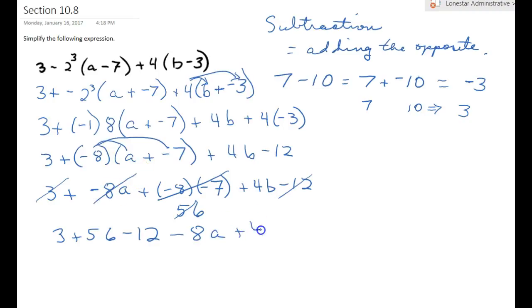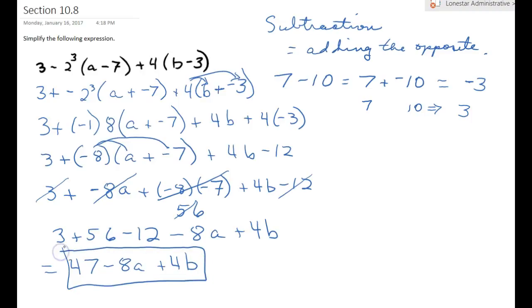And plus 4b. So the only thing left to do is say 3 plus 56 is 59. 59 minus 12 is 47. Minus 8a plus 4b. And that is as simple as we can get it because we can't combine any more like terms.